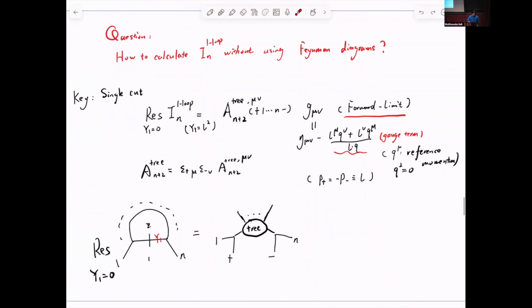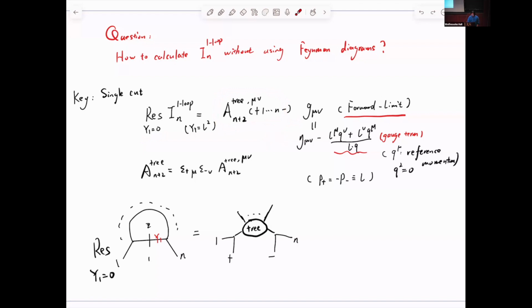The key here is the technique called the single cut. Taking the residue on y_i equals 0 for the one-loop integrand, it becomes the n+1 tree amplitude, but the two adjacent gluons are in the forward limit.